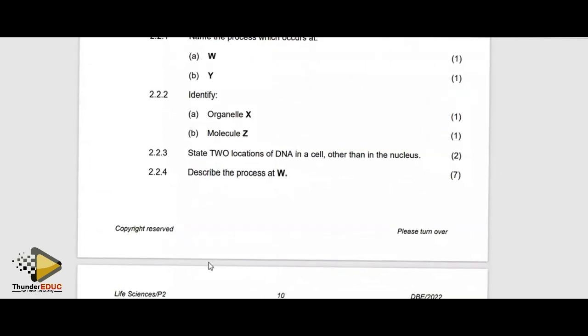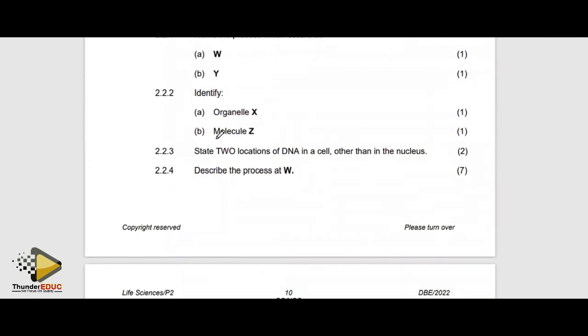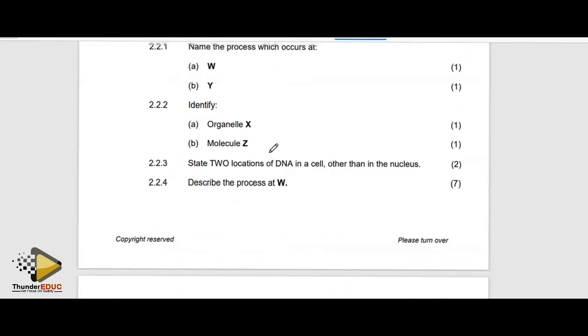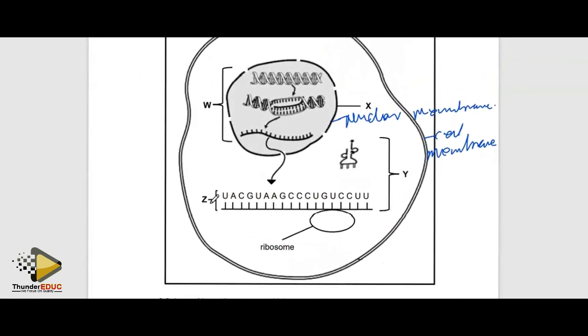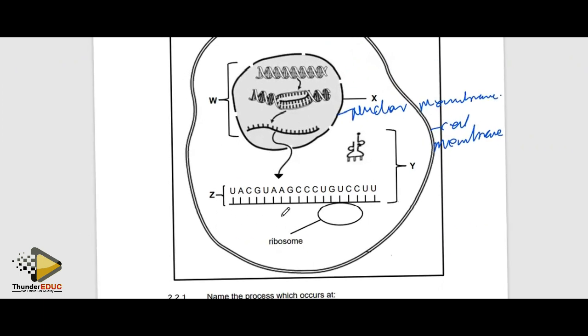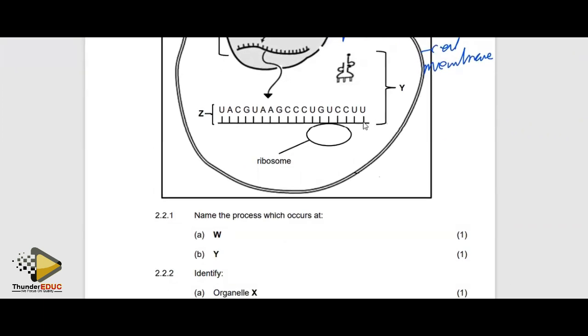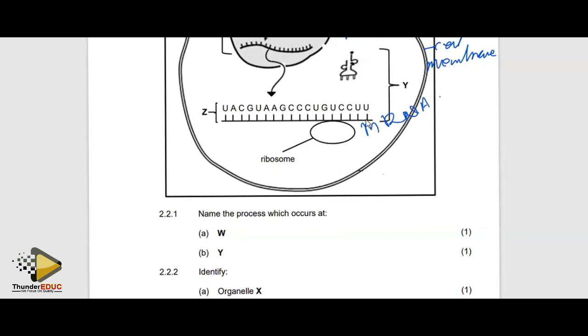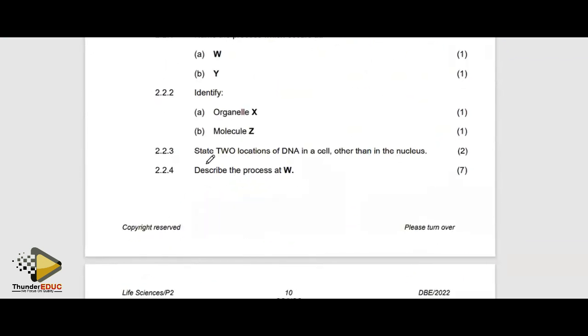And then they are saying molecule Z. Where is molecule Z? They are looking for this, because it is on the ribosome and it has moved out of the nucleus. It is messenger RNA. Then they are saying state two locations of DNA in a cell other than in the nucleus.